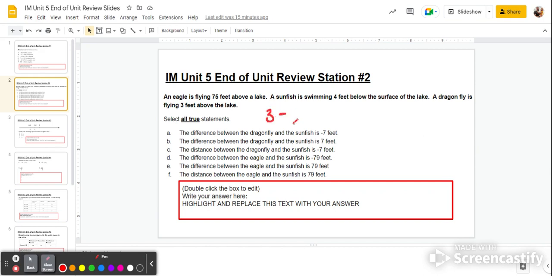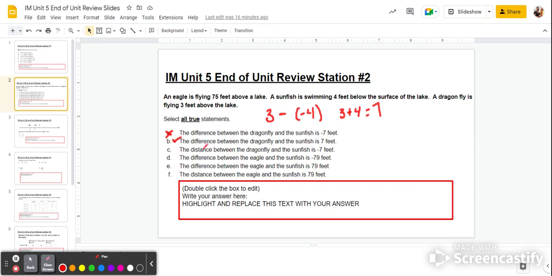Difference means subtraction, and the sunfish is 4 feet below. 3 minus negative 4 is 3 plus 4, which equals positive 7. That says negative 7. No, thank you. We'll keep going. Since we said that this is a positive 7, we know that this one has to be correct then. So B, yes, selectable answer.